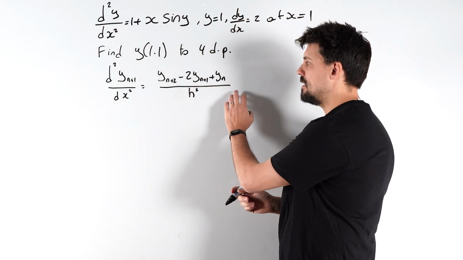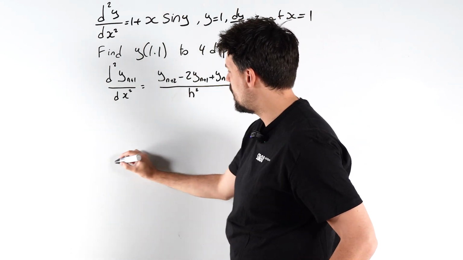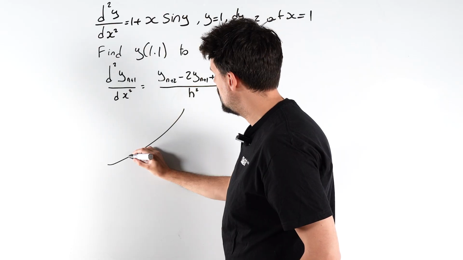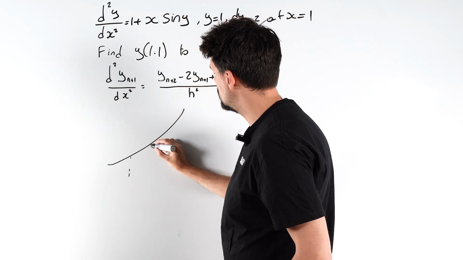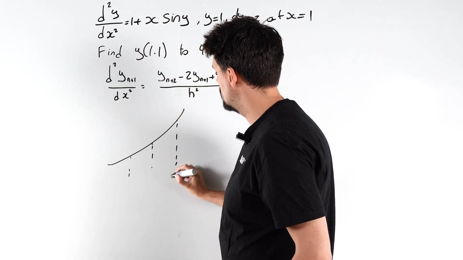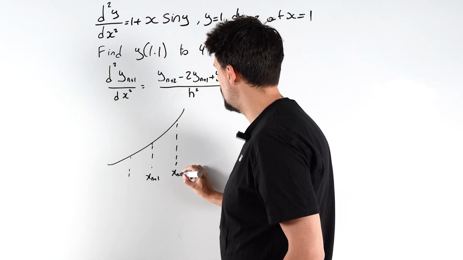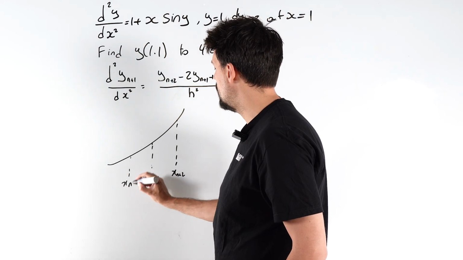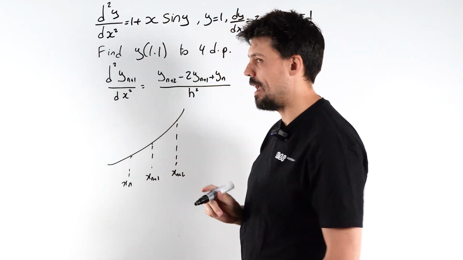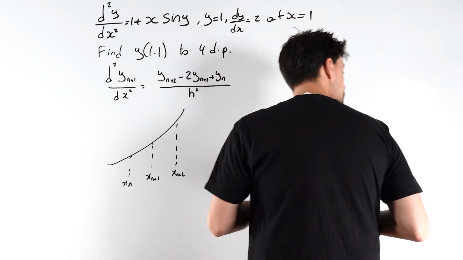Now, all this is saying is, if we think of this as 3 points, we've got xn, xn plus 1, xn plus 2, and the equivalent yn's and y dashes.